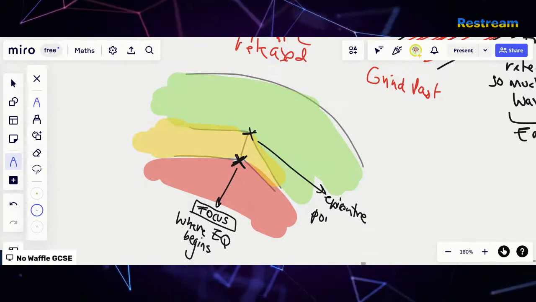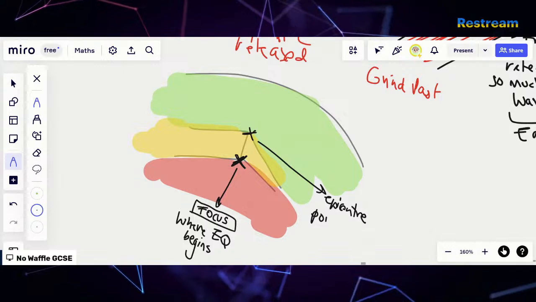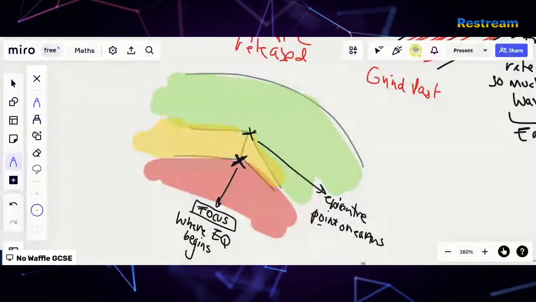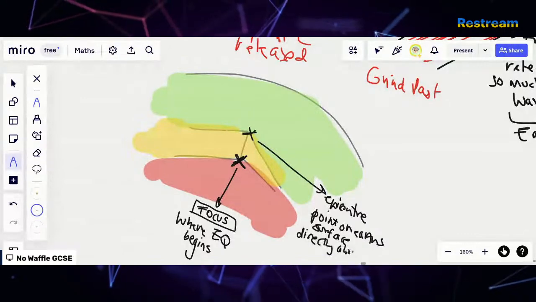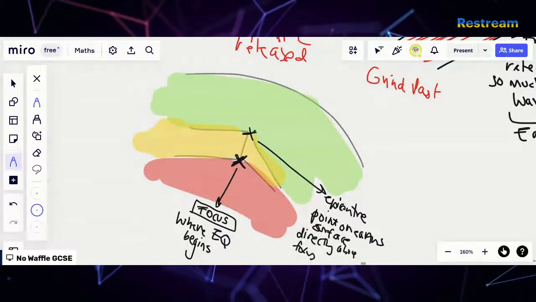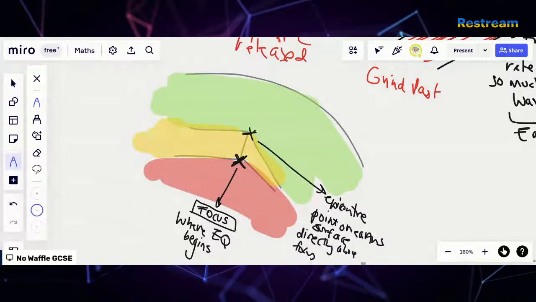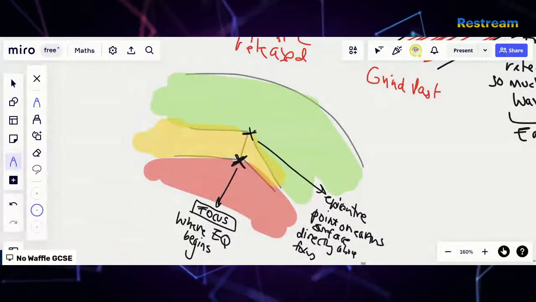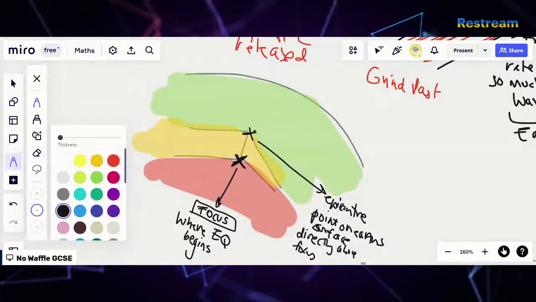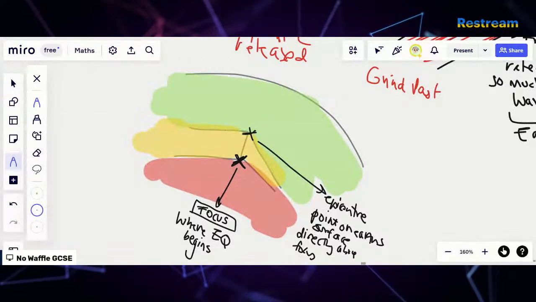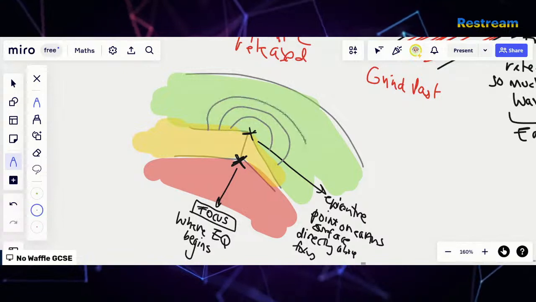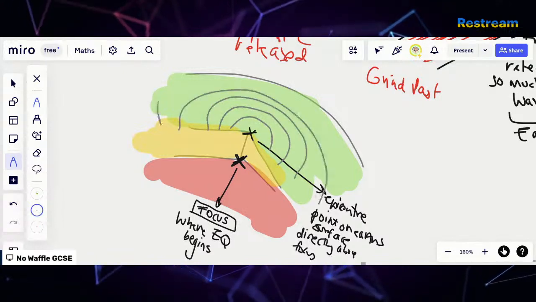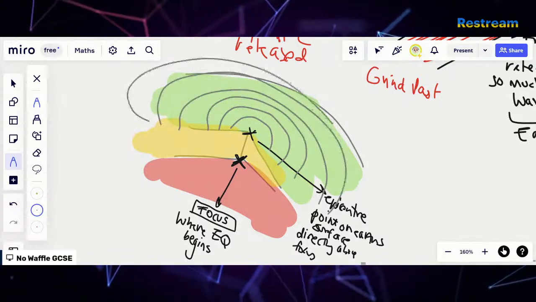So the point on the earth's surface directly above the focus. Now, the epicenter is where the earthquake is felt the most. And then we have these seismic waves, which look like this, which are then released. And they get further and further apart as they get weaker and weaker the further you go from it.